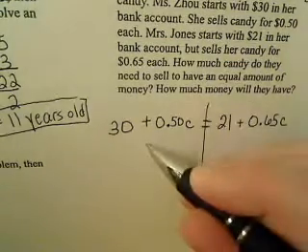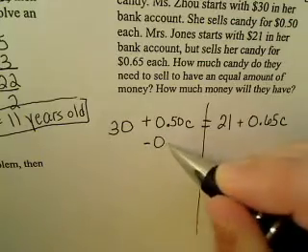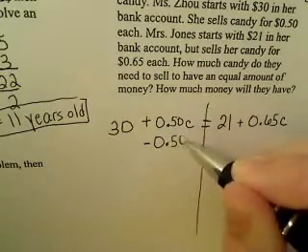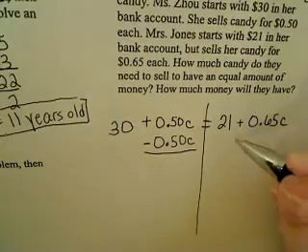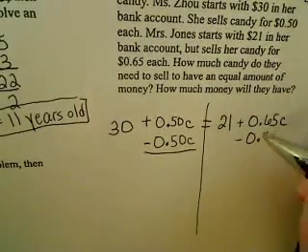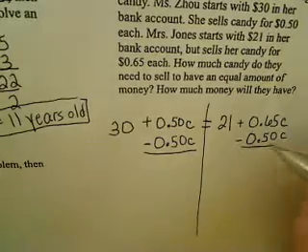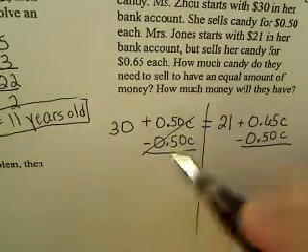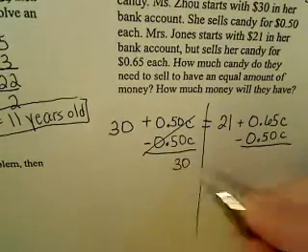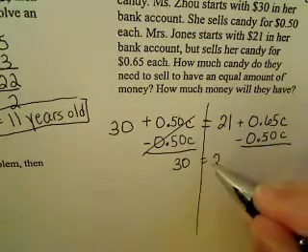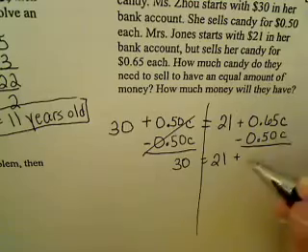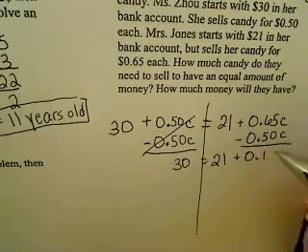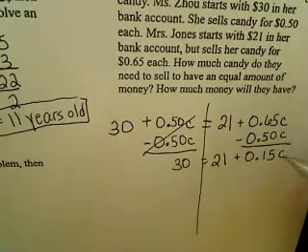I'm going to move this variable over because I want to keep positive money. And so if I do that, then this cancels and I bring down 30, bring down 21, and then I have plus, and this is going to end up being 15 cents per candy.